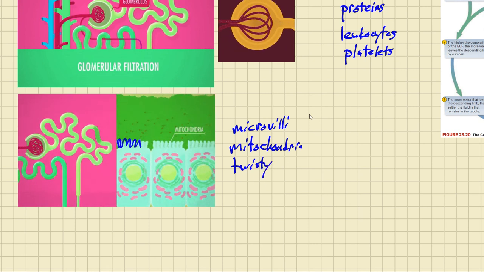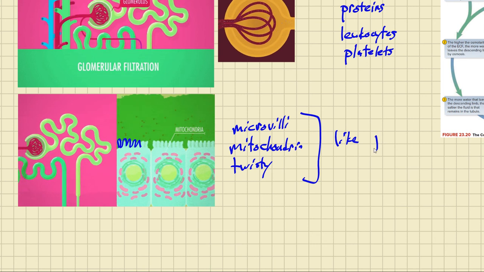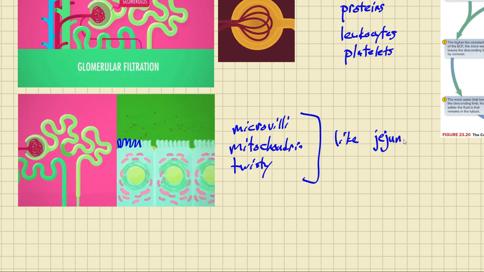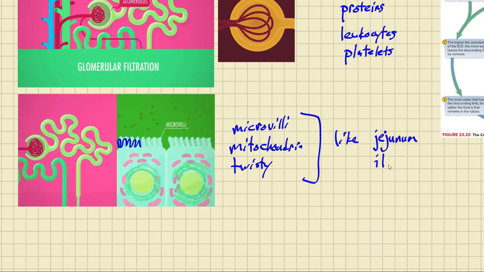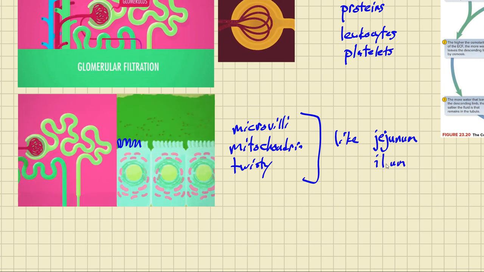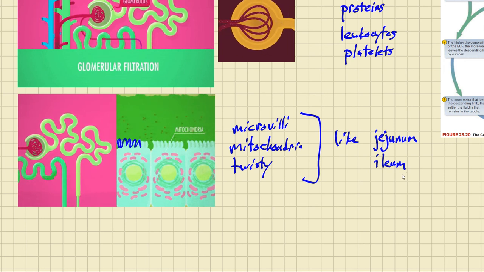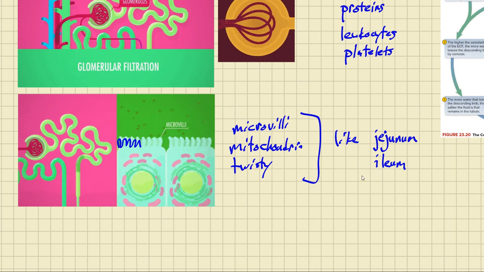All of those things are just like your small intestine, especially the last two sections of your small intestine, the jejunum or the ileum. The jejunum and the ileum are that way, twisty and turny with lots of mitochondria and lots of microvilli, so that we can have lots of good absorption.